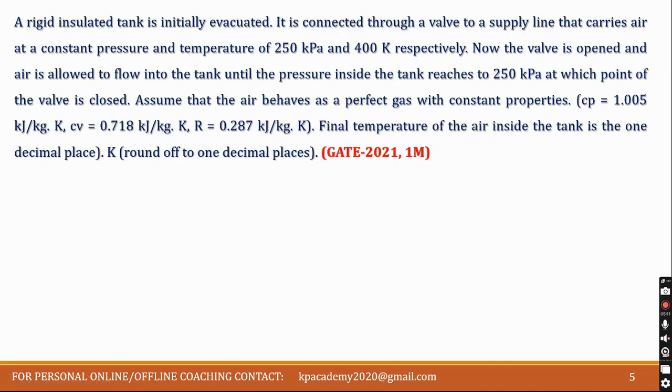Next question. This is from the 2021 GATE exam, again for 1 mark. The question is: a rigid insulated tank is initially evacuated, so there is no mass present in the tank. It is connected through a valve to a supply line that carries air at a constant pressure and temperature of 250 kilopascal and 400 Kelvin respectively.